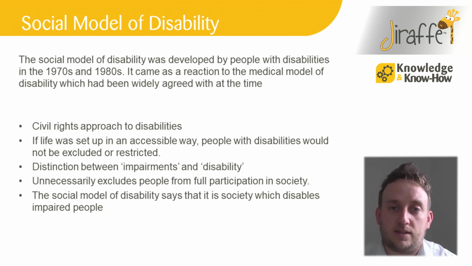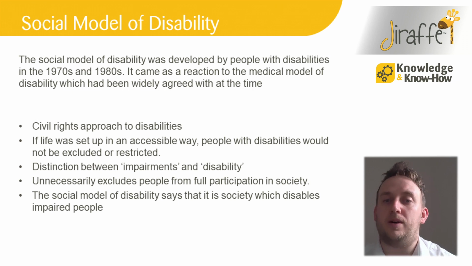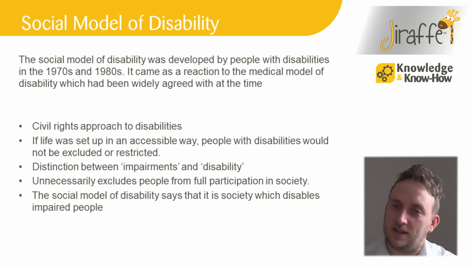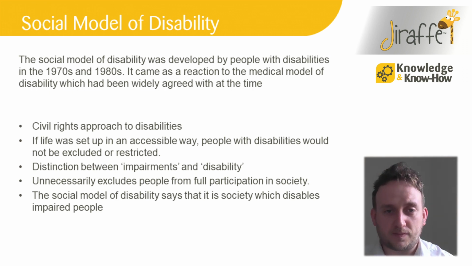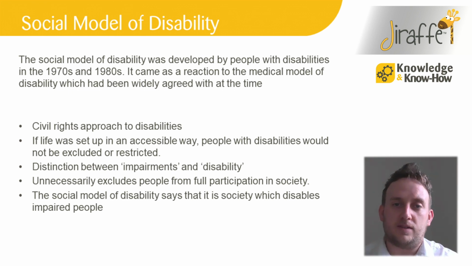It looked at defining the terms of disability and impairment. Impairments are an individual's problems, which may prevent them from doing something, whereas disability is the additional disadvantage bestowed by society. So that basically means that if somebody has impairments, it's acknowledging that they have those difficulties, but the term disability is something that has been externally put onto that individual and reduces their ability to be independent and actually engage.